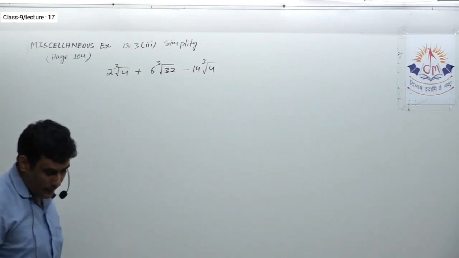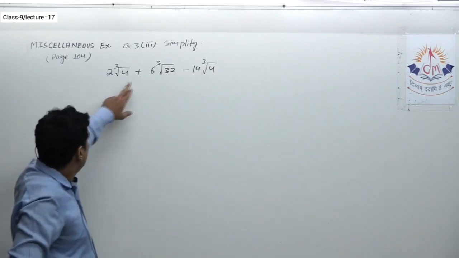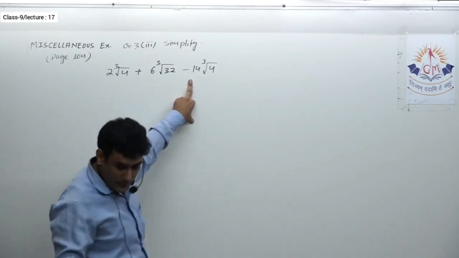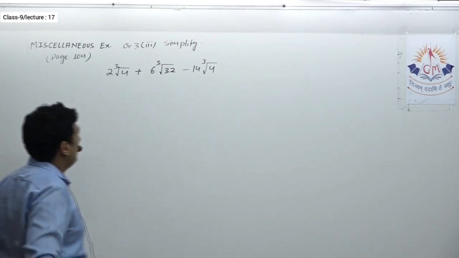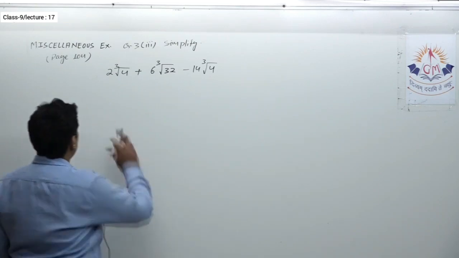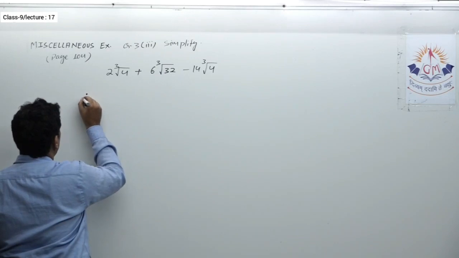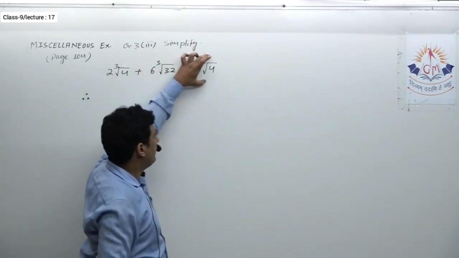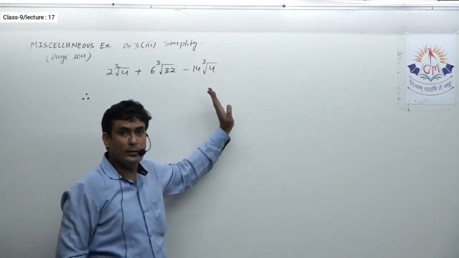Okay, 2 multiplied by cube root of 4, then plus 6 multiplied by cube root of 32, and minus 14 multiplied by cube root of 4. So we have to simplify this. Let us see how. This cube root of 4 we have over here as well as over here, so we can say these two are like terms.